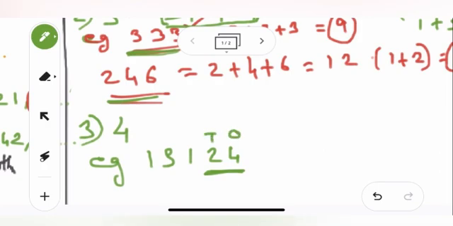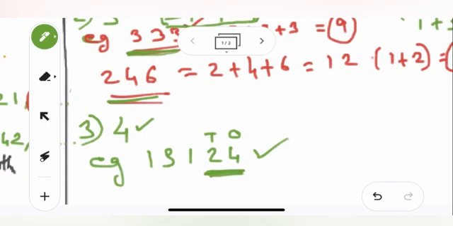If the last two digits come in the table of 4, then the number is divisible by 4.